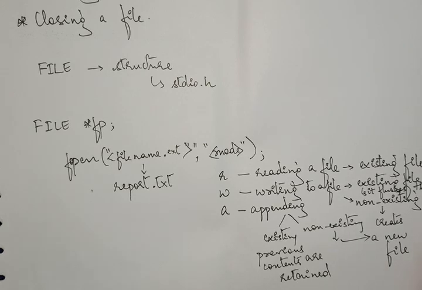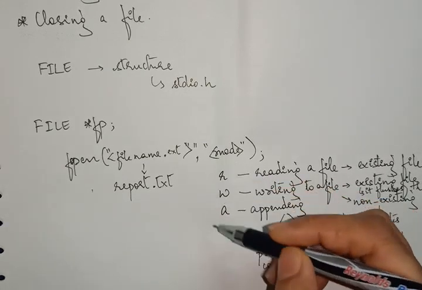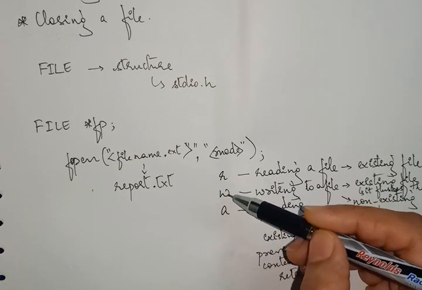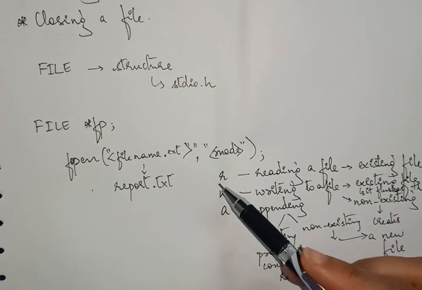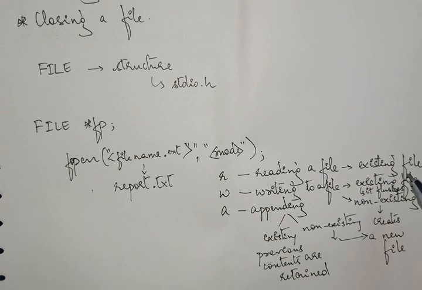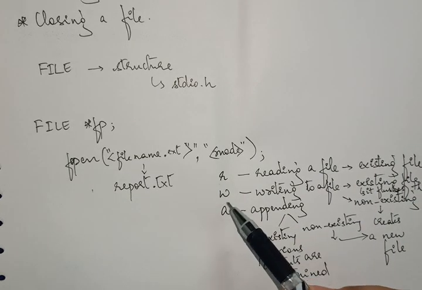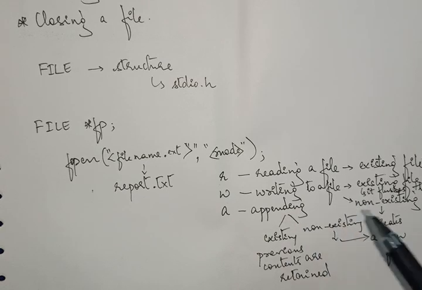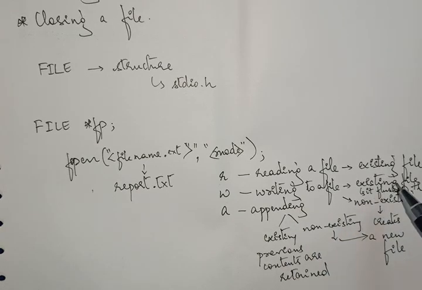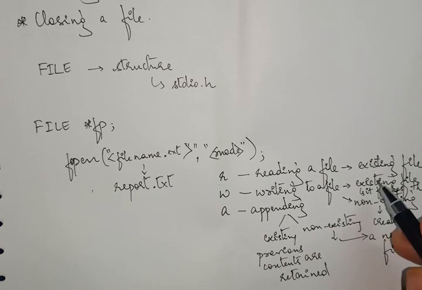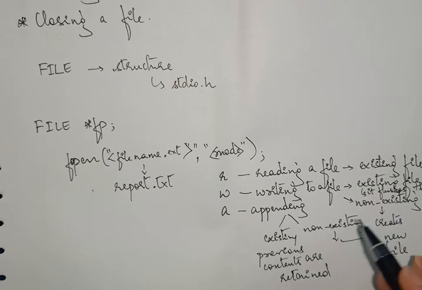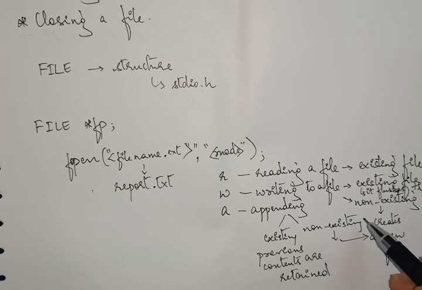So let me repeat this. There are three basic modes for a file: read, write, and append. Read can be applied on an existing file, and is used to read the contents of the file. W is used for writing to a file, and it can be applied on both existing and non-existing files. If it is an existing file, it flushes or deletes the previous contents and allows the user to enter the data.